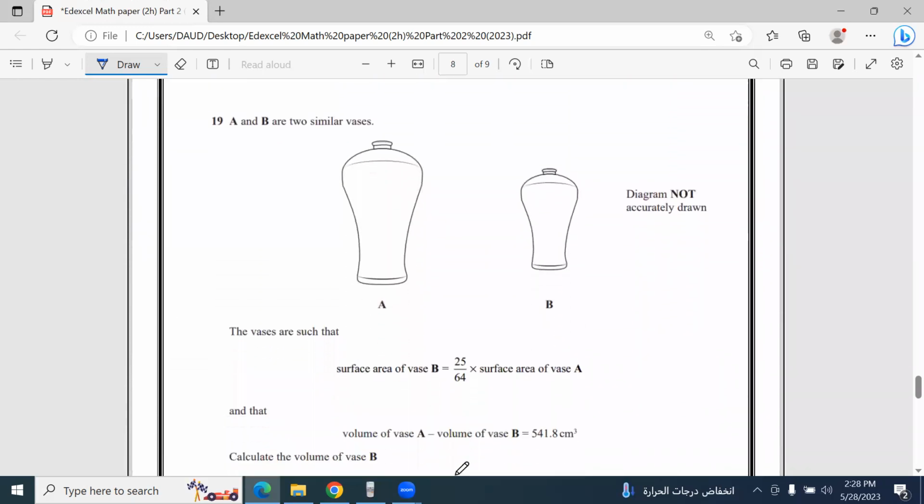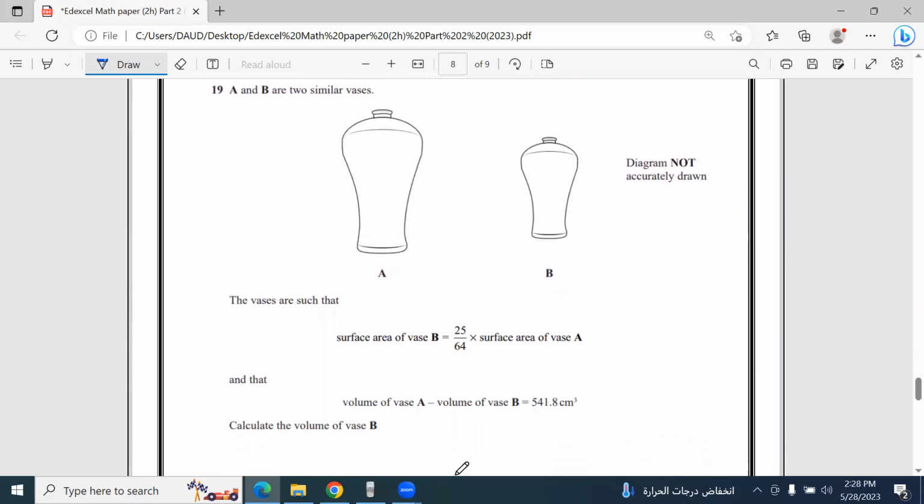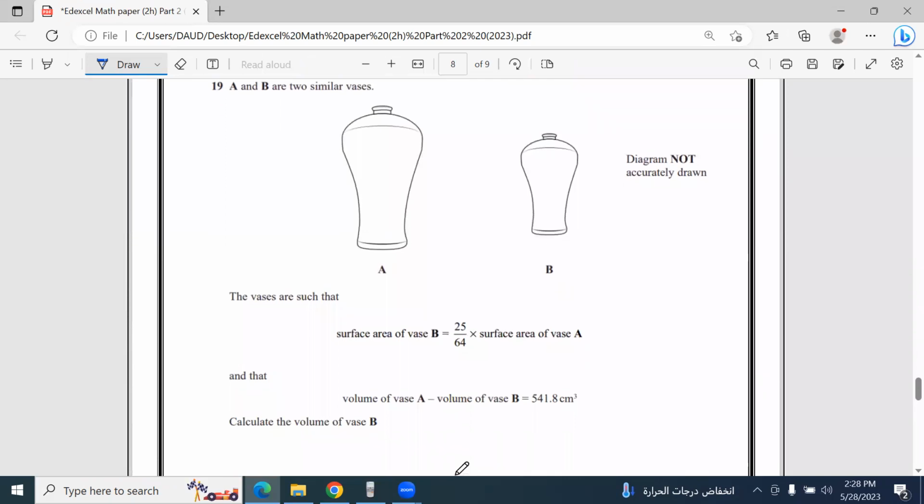Next, question number 19. A and B are two similar vases, such that the surface area of vase B over vase A equals 25 over 64.